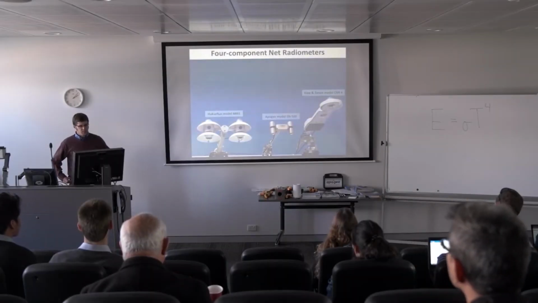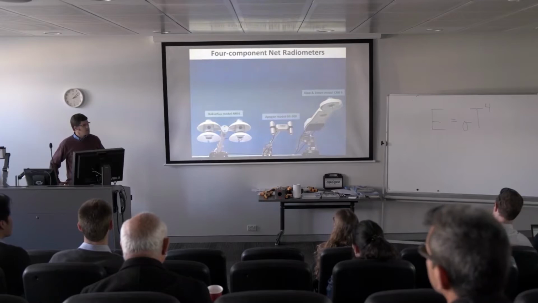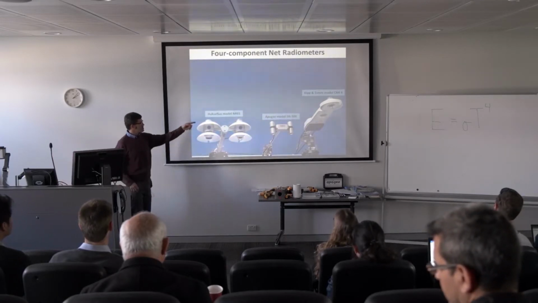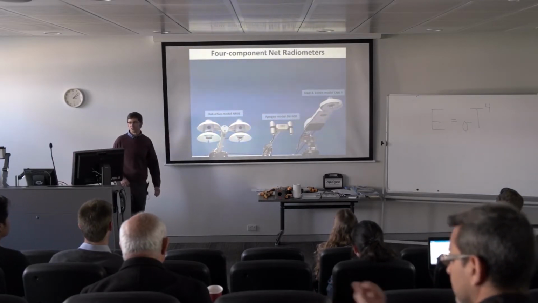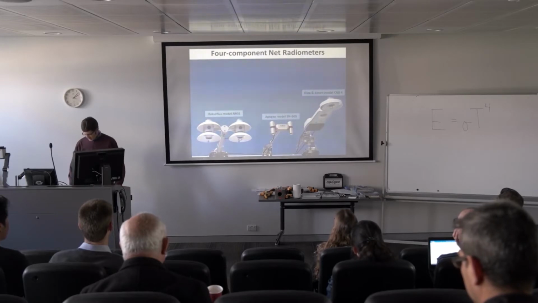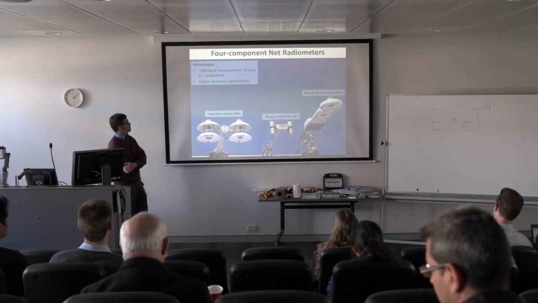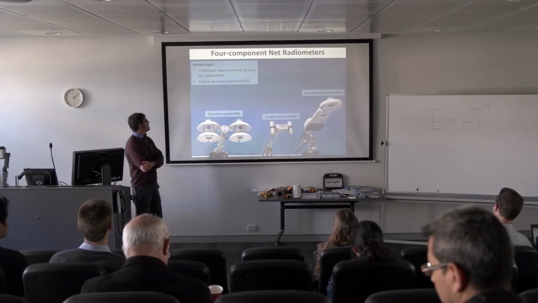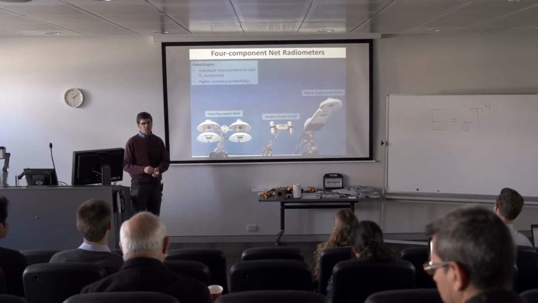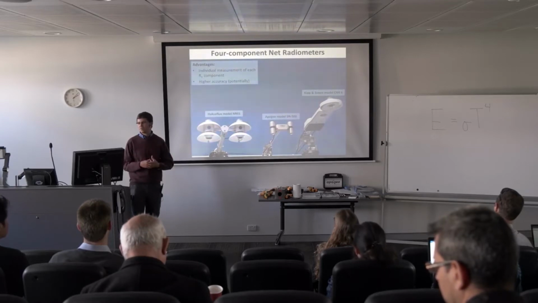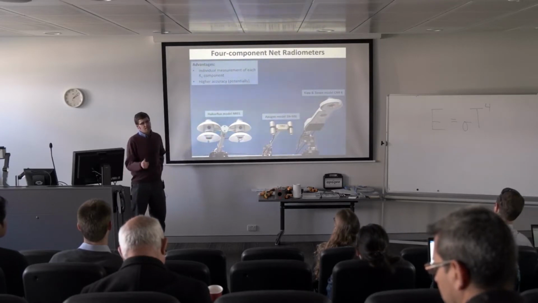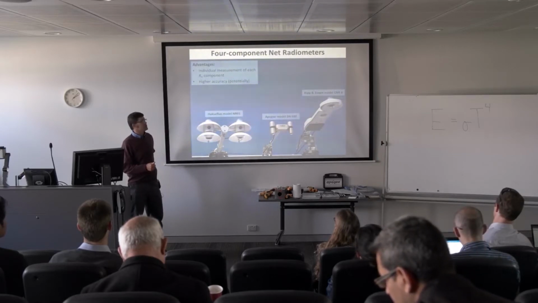So I said I had some pictures. Here's what they all look like. The Hukseflux and the Kipp, and then the Apogee that I passed around the room is in the middle. So the major advantage of a four-component net radiometer is that you get an individual measurement of each one of the four components. That's a major advantage because typically that gives you higher accuracy.